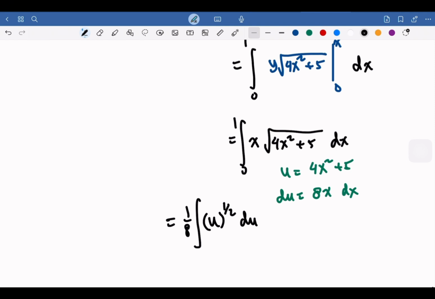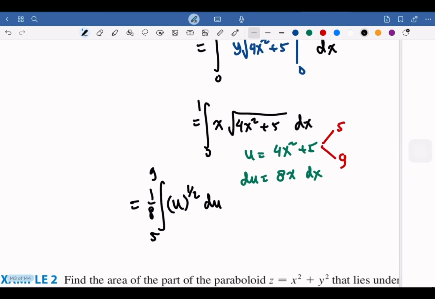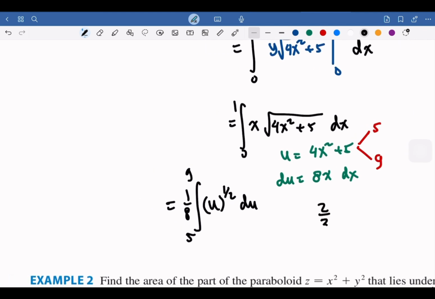And I'm usually doing that, because if we convert to u, then the u is basically from 5 to 9, right? So we can take this 5 to 9 and compute, or we compute the u to the power of half, and then saying that this will be, because it will be 2 over 3, and this will be 3 over 2, right?